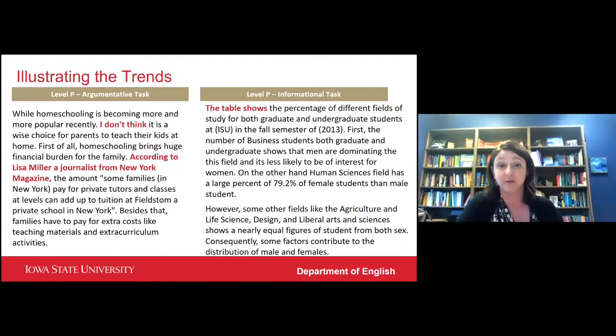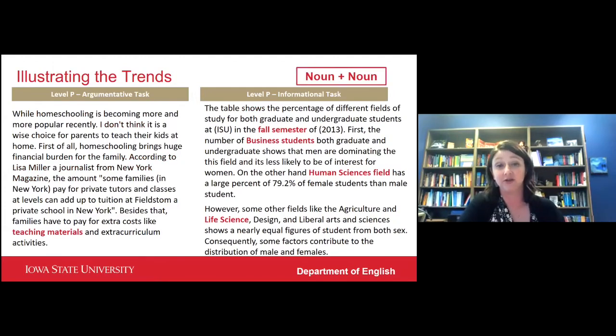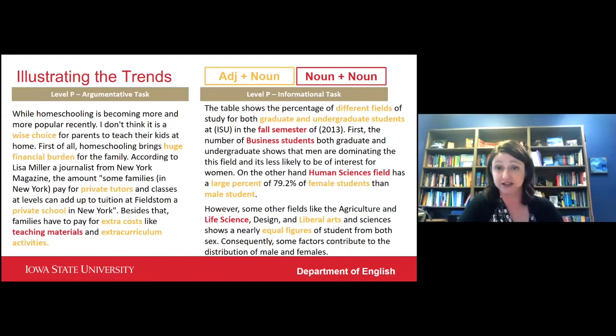Whereas in the level pass for the informational task, we don't see those personal pronouns and private verbs like think. Instead, we get references to the data. This table shows the percentage of something else. Okay? We see an increased use of these noun plus noun structures, where one noun modifies another. And this we can associate directly with that informational purpose. We see something similar with the adjective plus nouns, and so on.